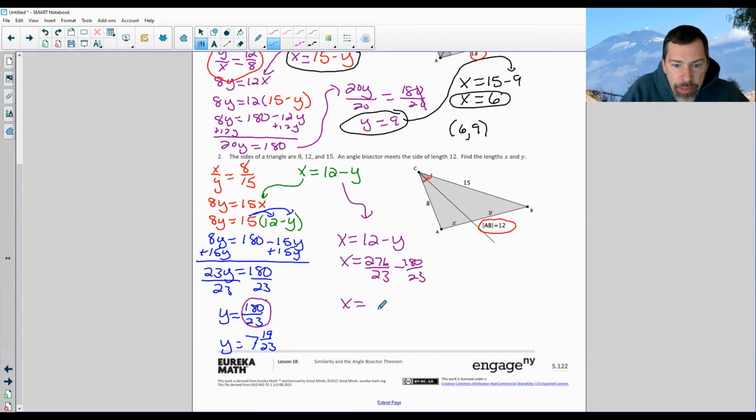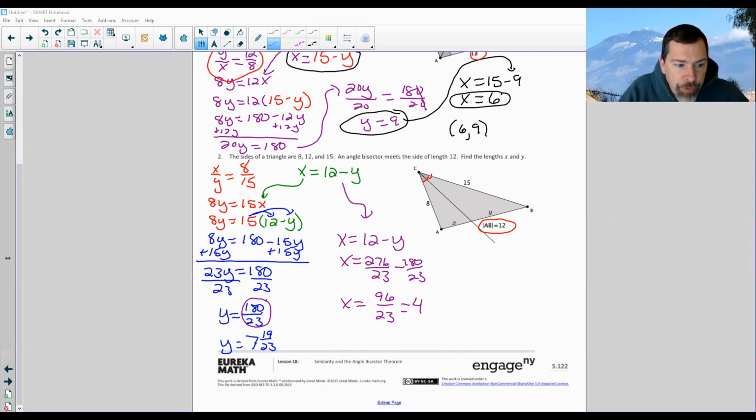So x is going to equal 276 minus 180, which would be not quite 100, 4 shy of 100, which is 96. So x is 96 23rds, which equals 4.